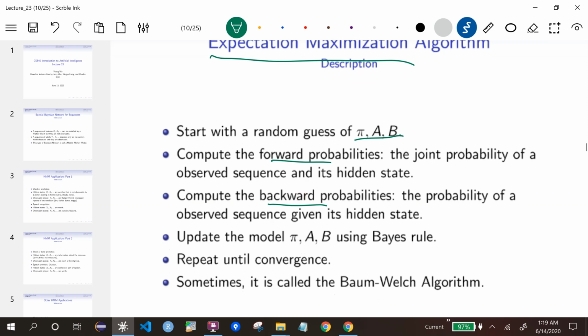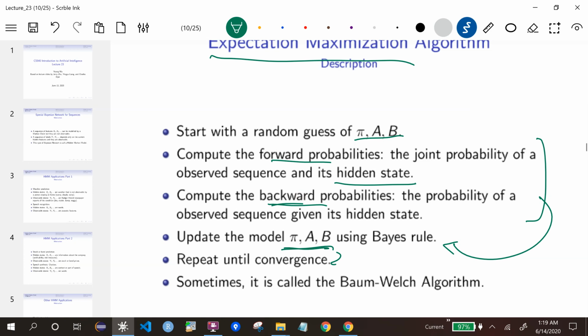So here the description is not very clear, but basically we want to calculate, given a hidden state, what is the probability of the labels before this time point, and then we calculate what's the probability of the labels after this time point, and then combining these, we can get the count of the sequence of hidden states, and then we can use Bayes rule to update our parameters or the weights, and then we repeat until we converge.